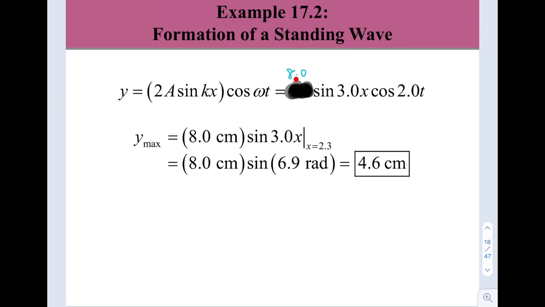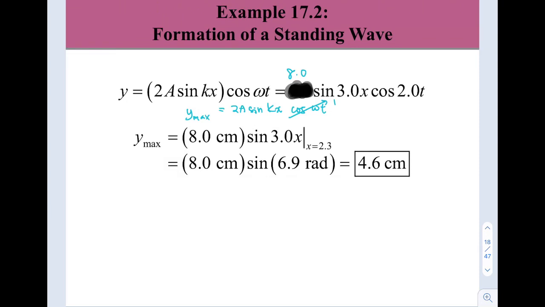So the solution: y equals 2A sin kx cos omega t. So 2 times 4 equals 8, sin, our k is 3, so kx, cos omega is 2t. Y max equals 2A sin kx, because the cos omega t function will have a value of 1.